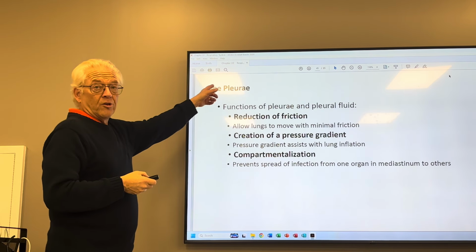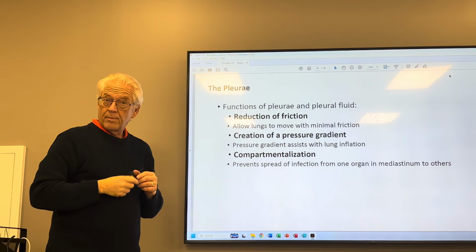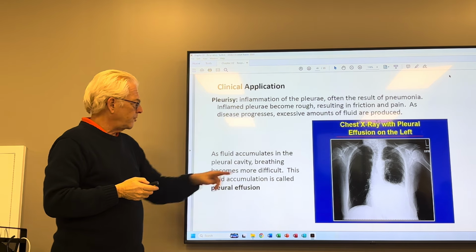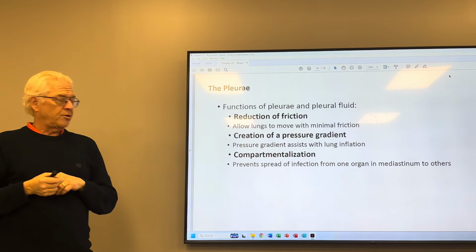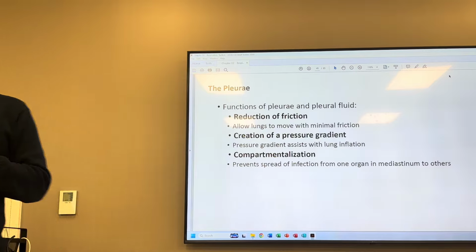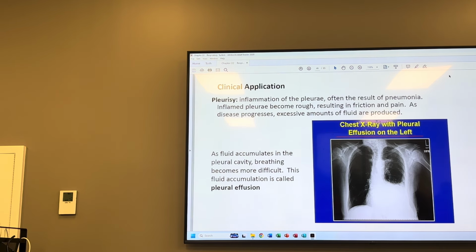Now, you know the pleura, right? The double layer of stuff around your lungs. What's the purpose? To reduce the friction. But the only reason they work is because of a pressure gradient that they create.